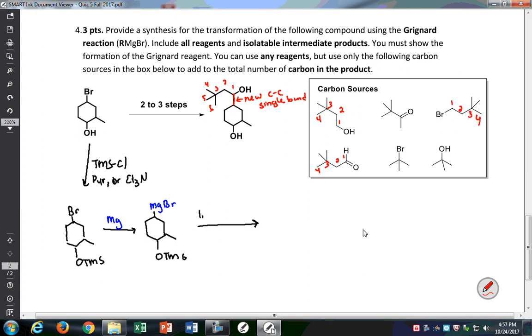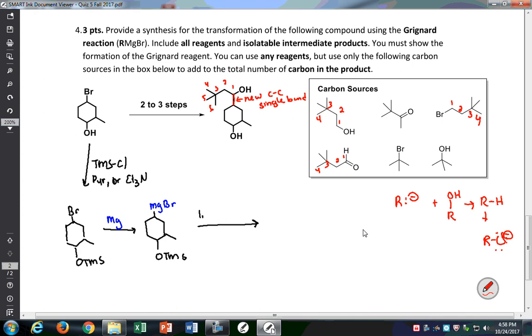So first off, why isn't it the alcohol? If you took your Grignard and reacted it with the alcohol, then all you would have is the acid-base reaction, and your R group would no longer be reactive.